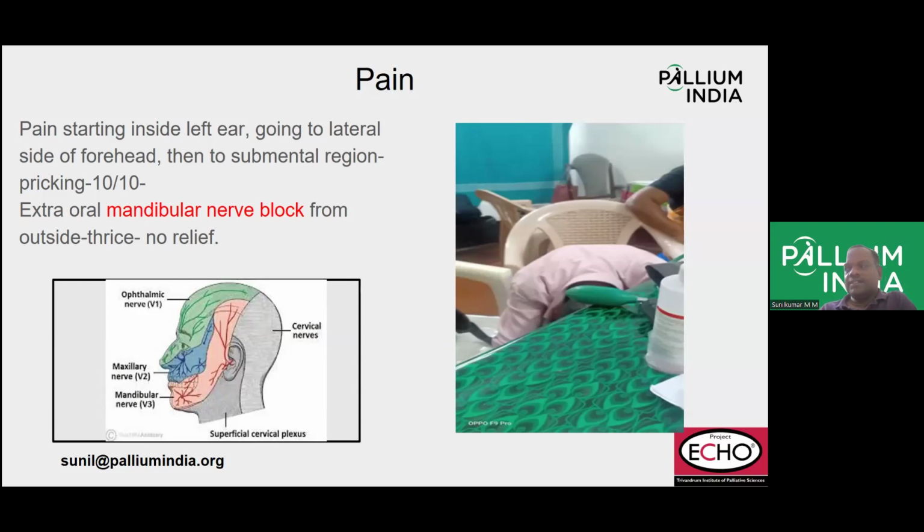I think there are 3-4 points by which you can say the patient has neuropathic pain. One is you should elicit a history of a lesion or disease affecting the somatosensory nervous system.